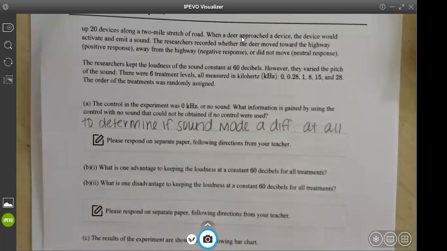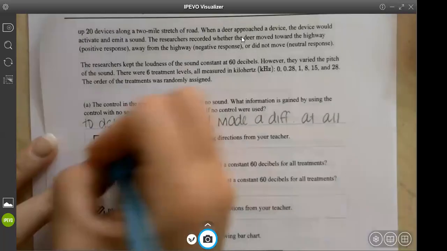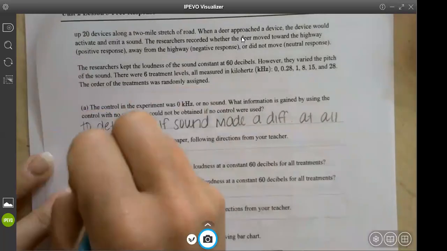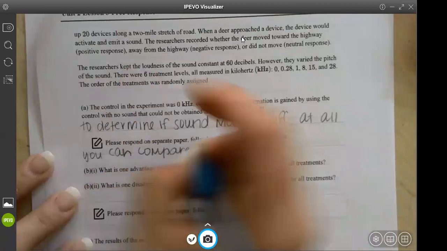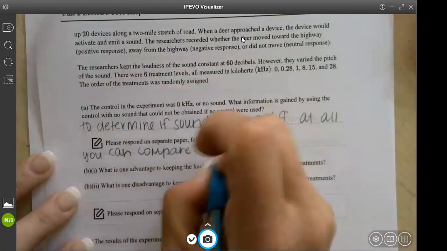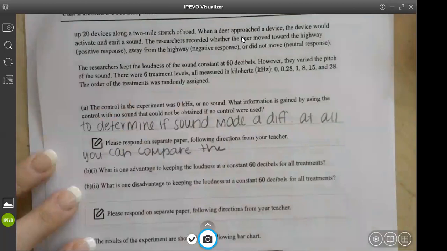Again, you can compare, and I'll go ahead and write this down so you can see it too. You can compare the 2 sounds, or 3 or 4, whatever. So 0.28 compared to the 1, the 8, the 15, the 28.